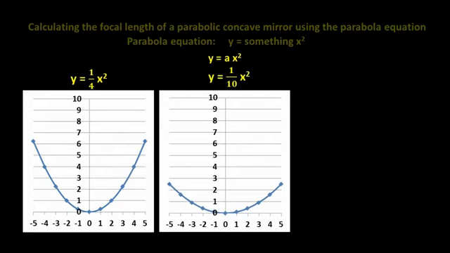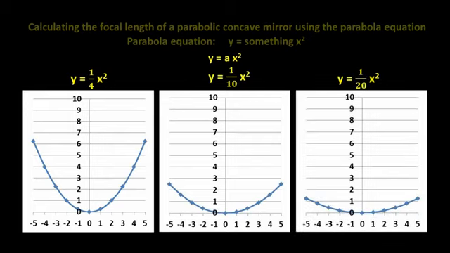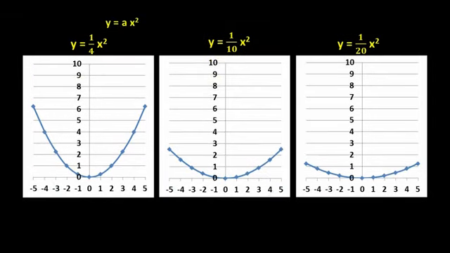This is the graph for the parabola that follows the equation y equals 1/10 x squared. And this is the graph for the parabola that follows the equation y equals 1/20 x squared. It turns out that the focal length of every parabolic reflector equals 1/4 of the denominator, the numbers being circled, if the equation is expressed as y equals 1 over a number, x squared.